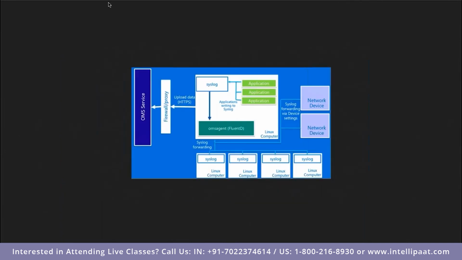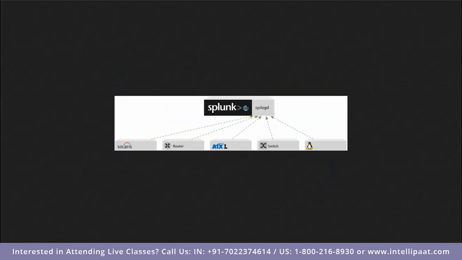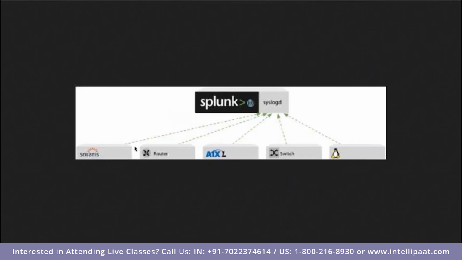Similarly, I'll go to this deployment model. You are seeing here the various different kinds of systems that could forward the logs to Splunk. Solaris, any router, maybe Cisco, Juniper, or whatever routers, because on all the routers available in the market, you get a feature of log forwarding.